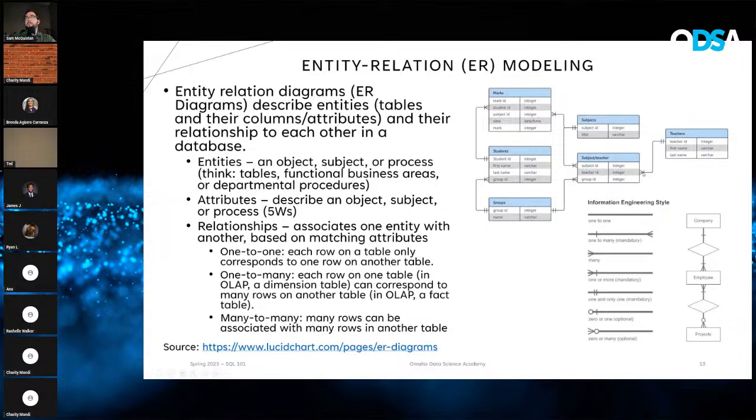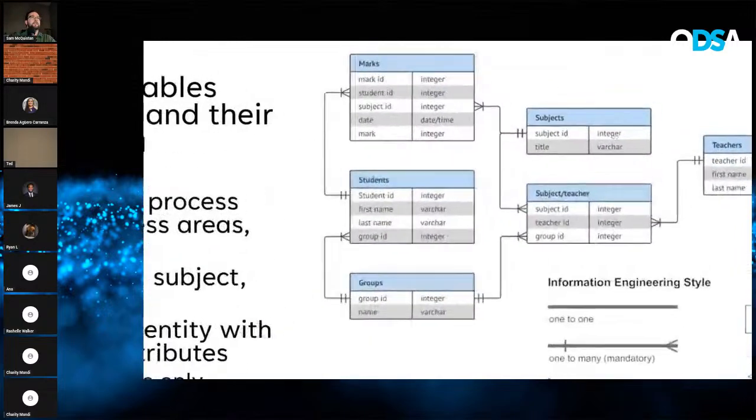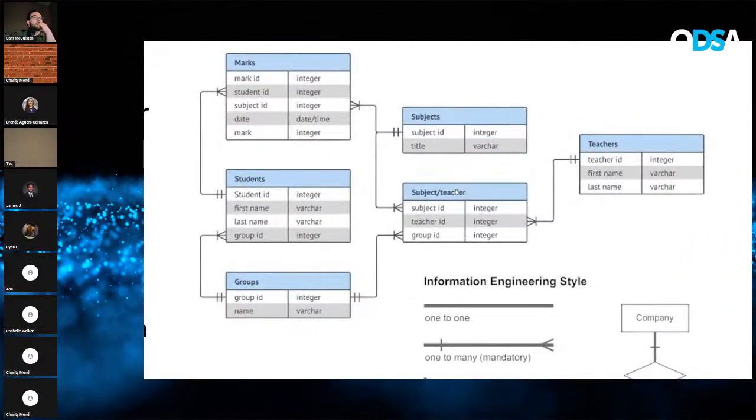So when you read from these entity relation diagrams, if we wanted to query from one of these tables, it would be select star from either teachers or subjects or marks or students or groups. And then the joins would be from one table to the other, so on and so forth.